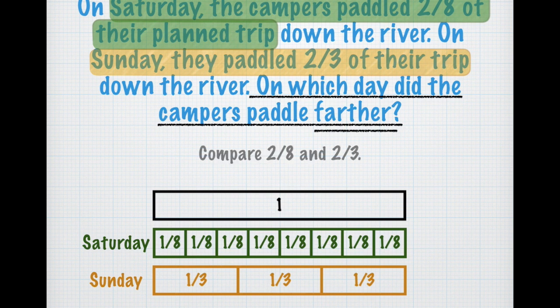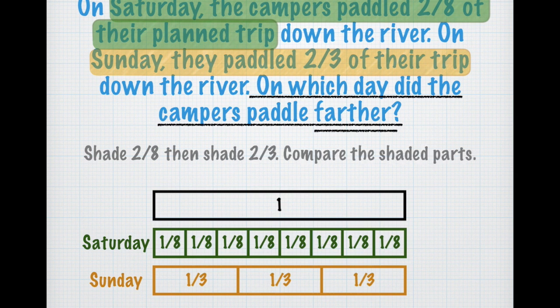So I want to compare 2/8 and 2/3. I have one whole, and then I divided that whole into 8 pieces for Saturday's fraction, and 3 pieces for Sunday's fraction. First I'm going to shade 2/8, then shade 2/3.